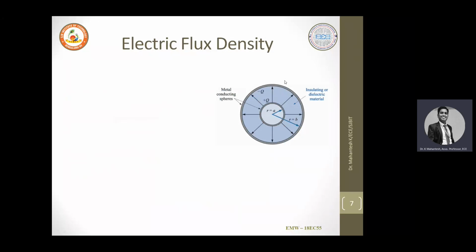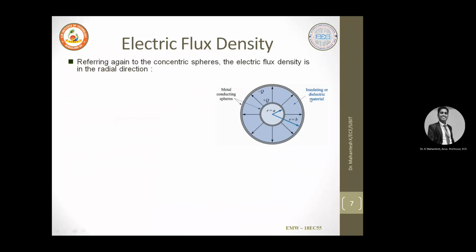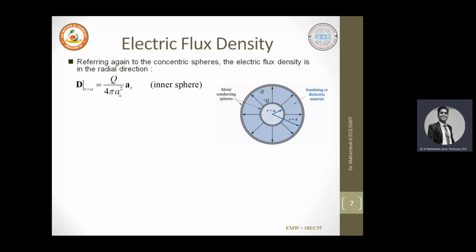Referring again to the concentric spheres, the electric flux density is always in the radial direction, so flux is always radiating out of the sphere. So I can say D is equal to the total charge over the total surface area, Q over 4 pi r squared. The total surface area of this sphere is 4 pi r squared.